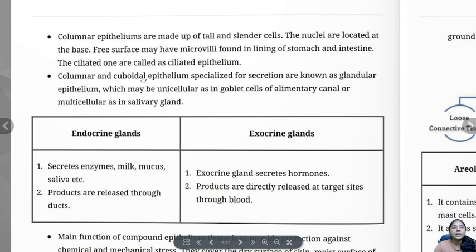Then columnar and cuboidal epithelium, specialized for secretion, are known as glandular epithelium, which may be unicellular as in goblet cells of the alimentary canal or multicellular as in salivary glands. So both the columnar and cuboidal epithelium are specialized for secretion. They secrete some enzymes, and that is why they are also called glandular epithelium.